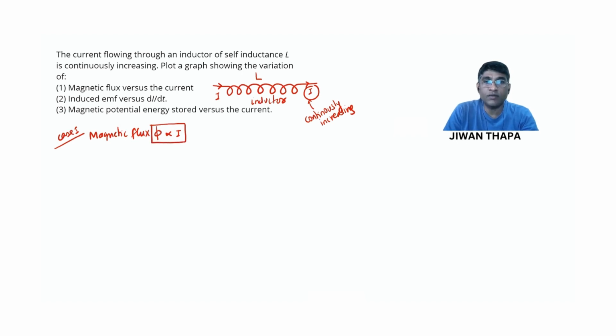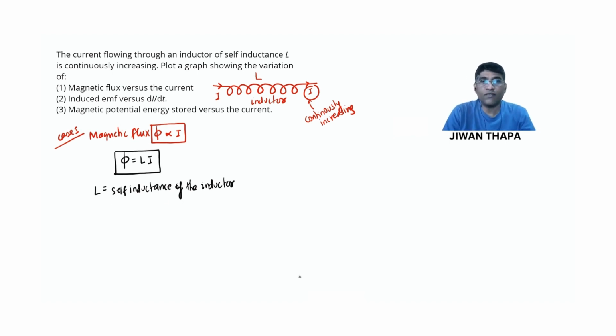So we can write magnetic flux phi equals L times I, where L is the constant of proportionality called self-inductance of the inductor. L is constant. Therefore, from this relation, we find magnetic flux is directly proportional to current.